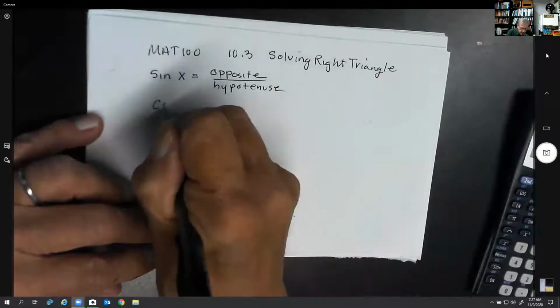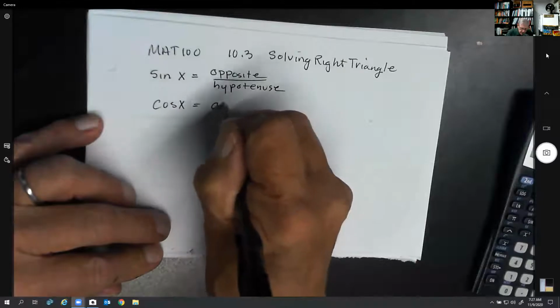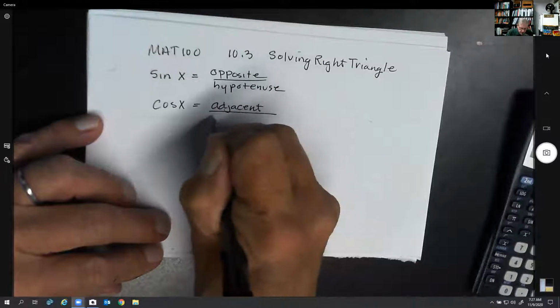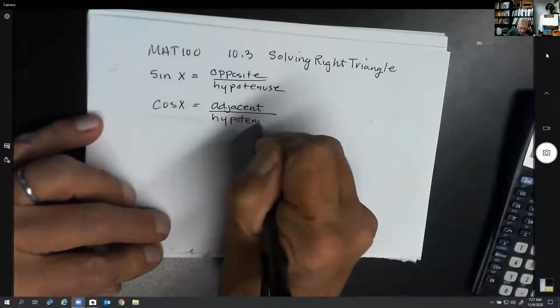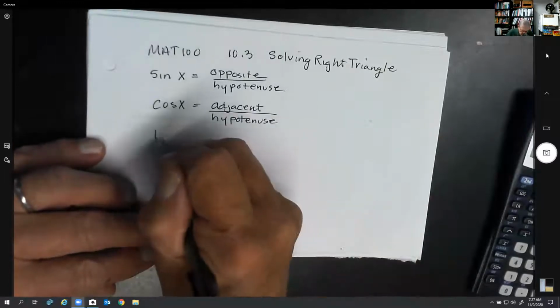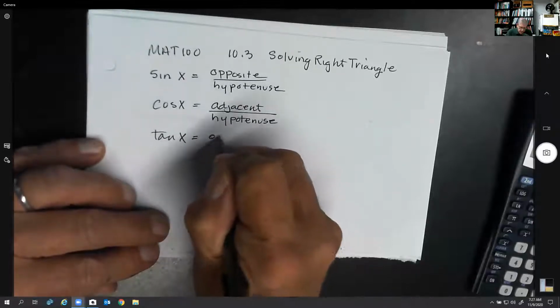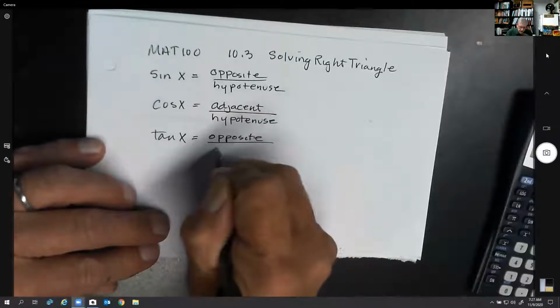The cosine of x is equal to the adjacent side over the hypotenuse. And we'll be using this quite often. And then, of course, the tangent of x is equal to the opposite side over the adjacent side.